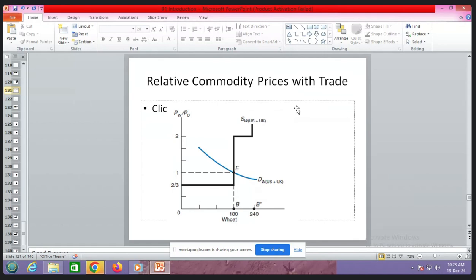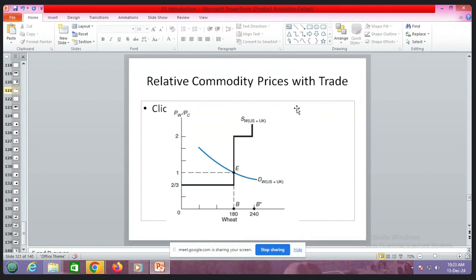So the equilibrium can be understood using demand and supply. To understand the equilibrium price, we are bringing in demand and supply. Now remember, we are in the constant cost theory.